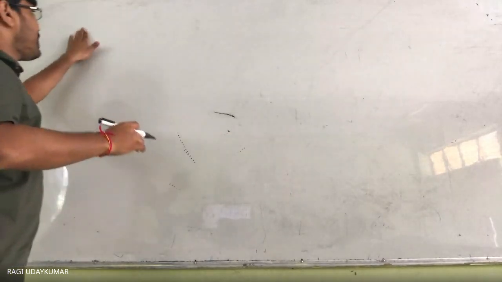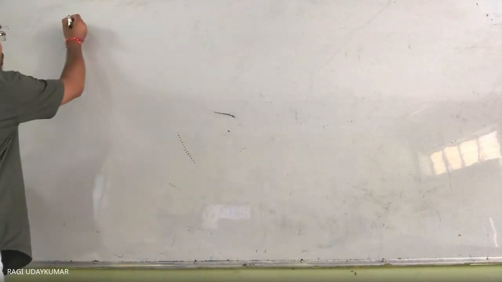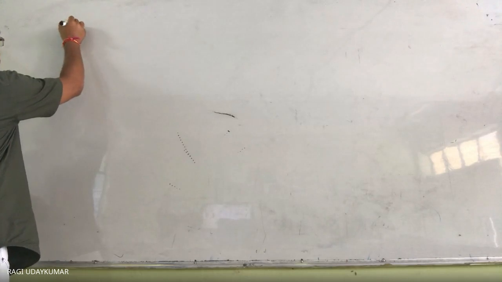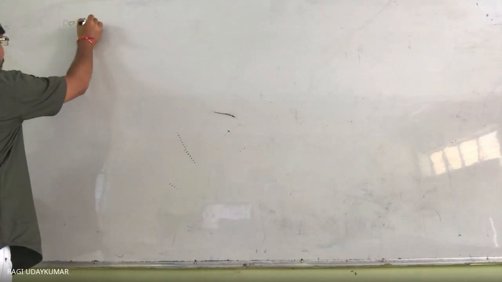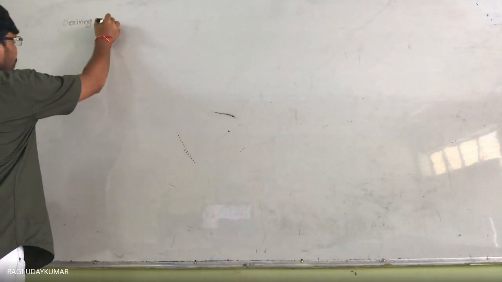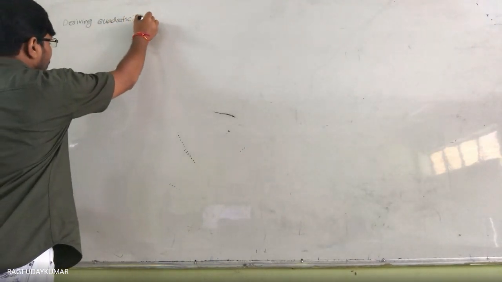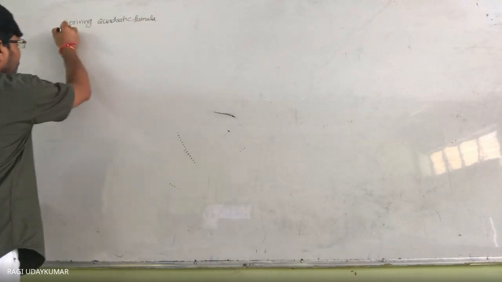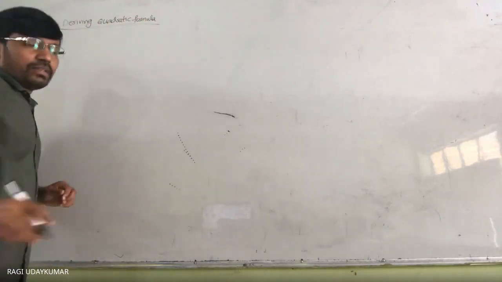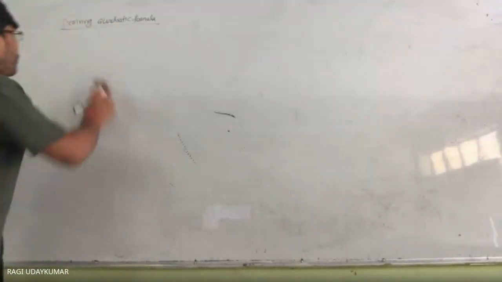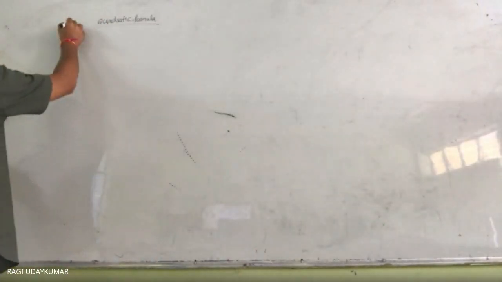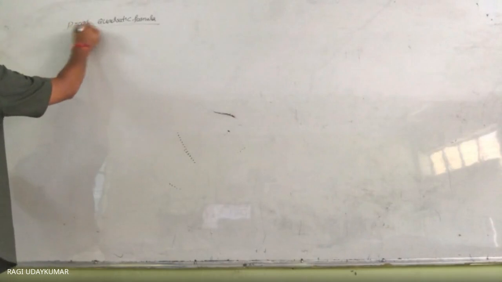Okay, so how do we find out the quadratic formula? You can write it as a proof of the quadratic formula simply. How do we prove it?